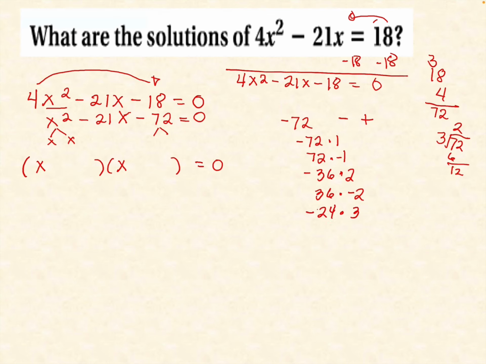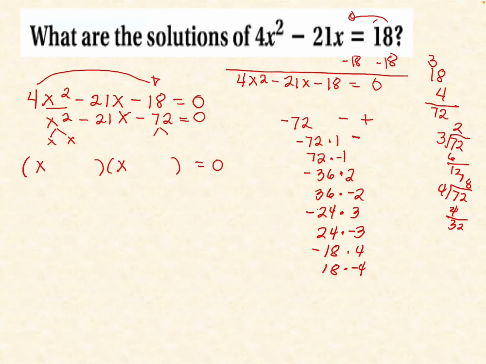Negative 24 times 3 gives 72. So it can be 24 times negative 3. And then what else? Can we divide 72 by 4? It can be negative 18 times 4. It can be 18 times negative 4.